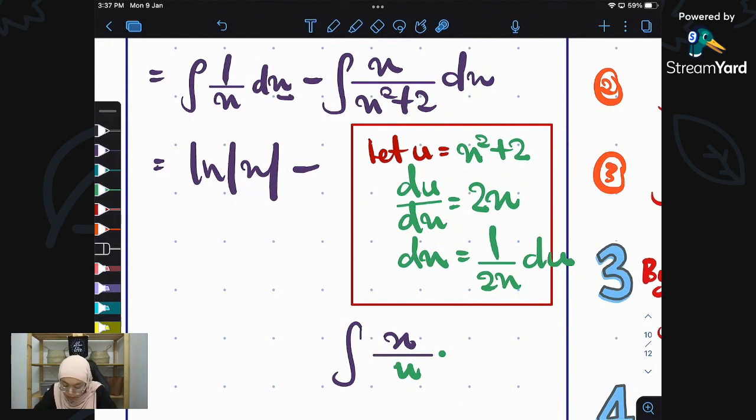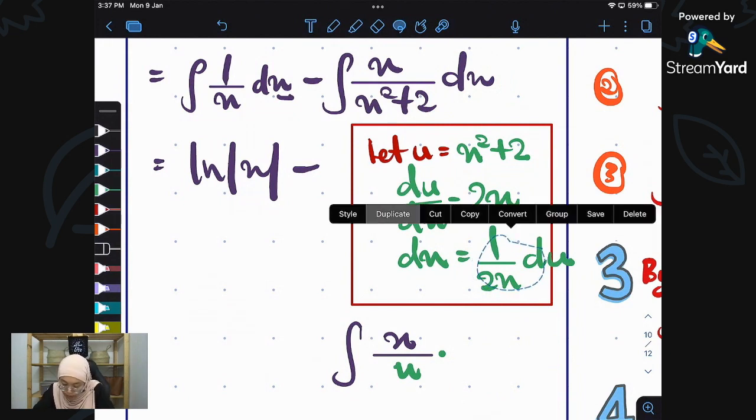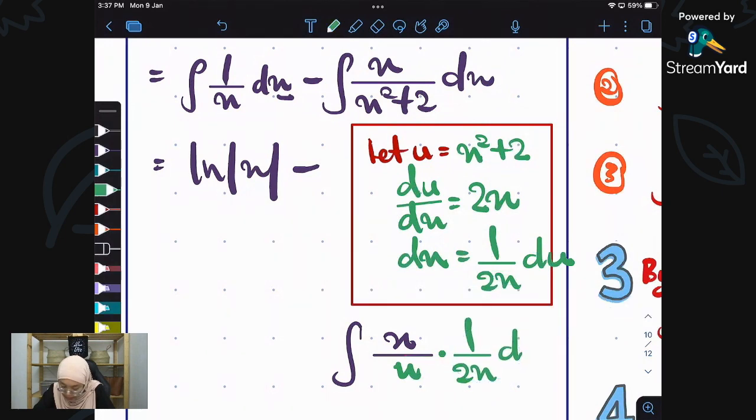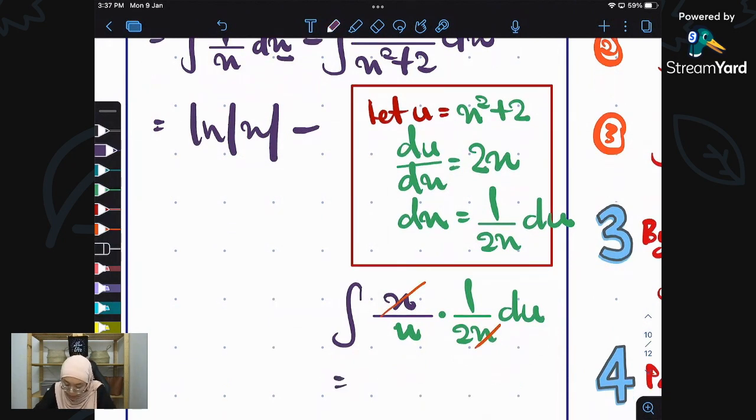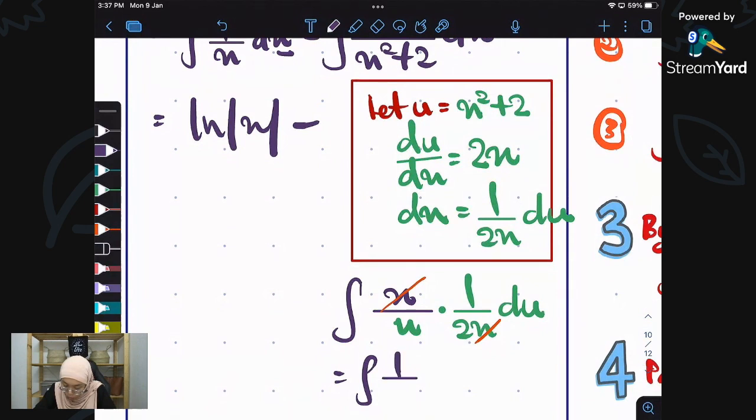Yes, x tersebut hilang. Our x has been disappeared. X bahagi x adalah 1. Jadi tinggallah kita dengan 1/2 u du. So everything here is in terms of u.